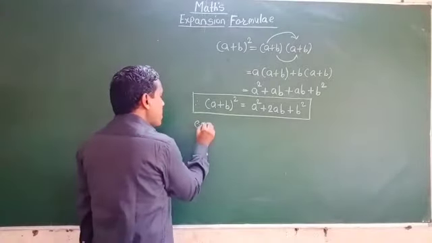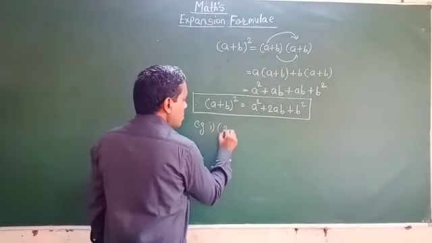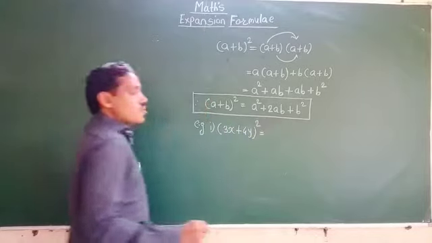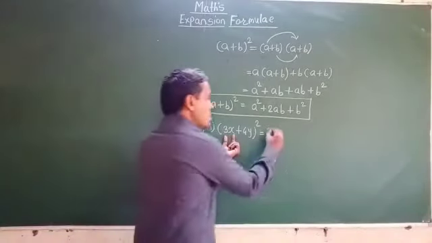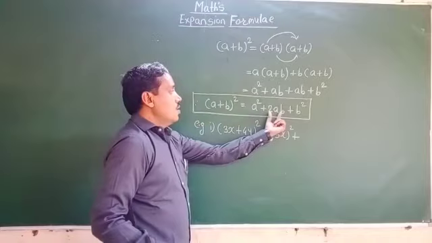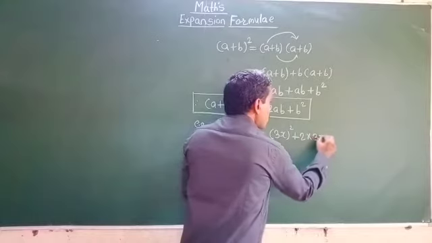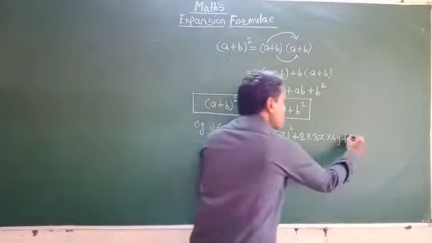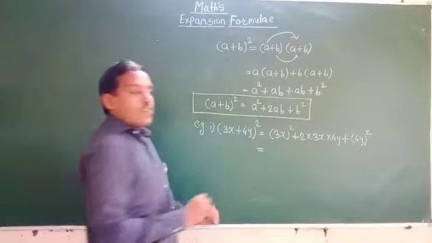Now we take some examples using this expansion. The example is (3x plus 4y) whole square. We get the square of 3x, plus 2 into the product of the two terms, 3x into 4y, and then the square of the last term, (4y) square.